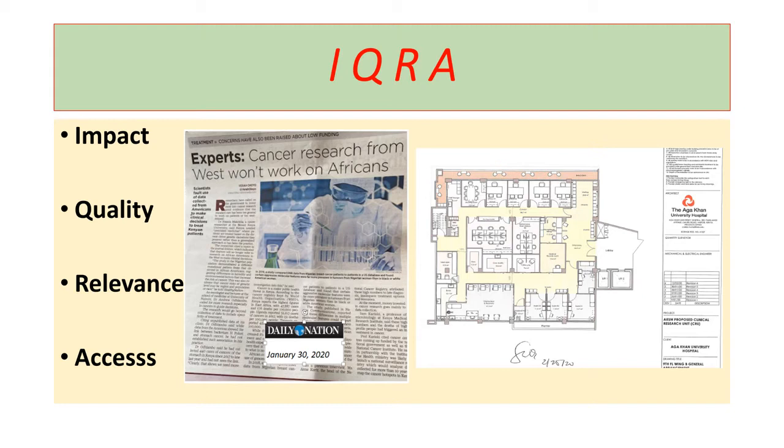It says, cancer research from the West will not work in Africans. Well, it's true. Our genetic makeup is different. We metabolize drugs differently. Certain drugs may not work for us, and our cancers might have a different tumor genetics. So we should do research on our patients in Kenya on our tumors.